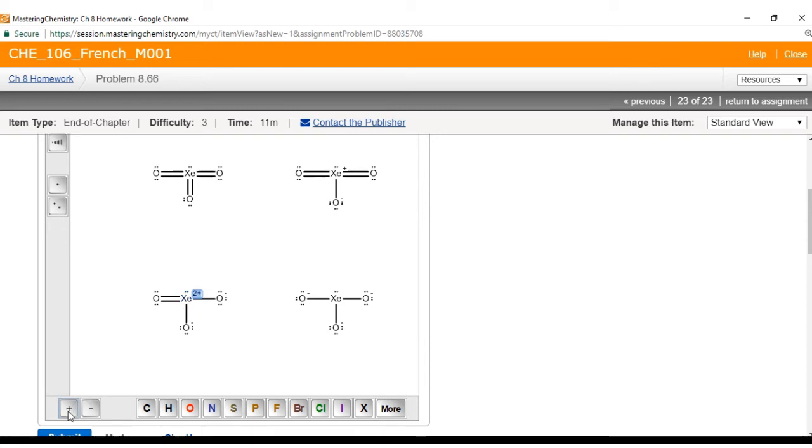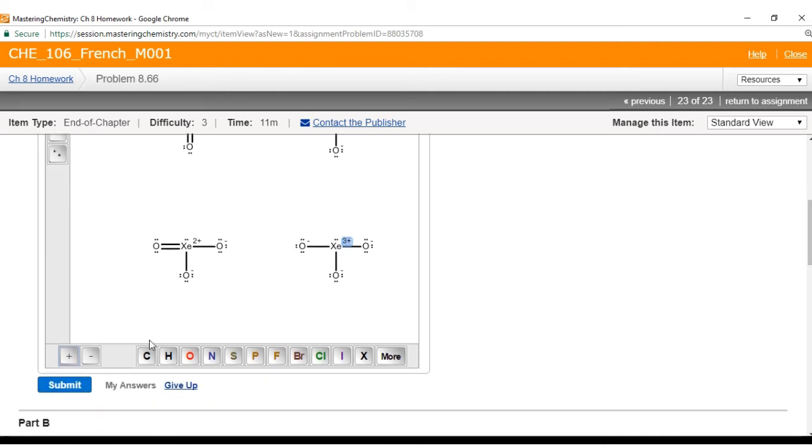So all I did was get the plus and click xenon twice. And then in the third and final case, xenon has 2 lone pair electrons and 3 bonding electrons, for a total of 5 electrons. It's group 8, so 8 minus 5 must have a charge of plus 3. And so hopefully, fingers crossed, that gives us the right answer for all the configurations of xenon.